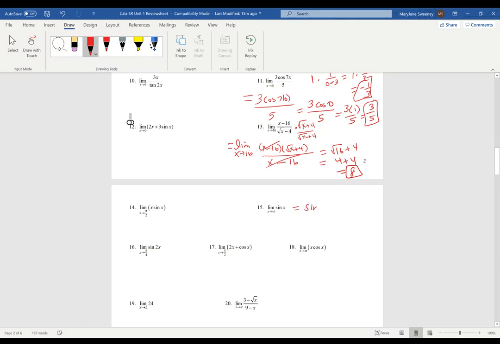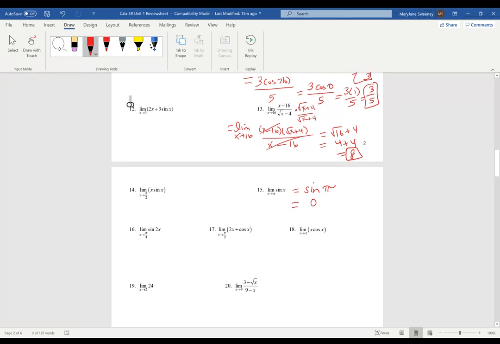15, just plug it in, sine of pi. So sine of pi is 0. Either know that from your unit circle or your trig graph, your sine graph. Sine hits 0 at 0, pi, 2 pi. 17, plug it in, 2 times pi over 2 plus cos of pi over 2.